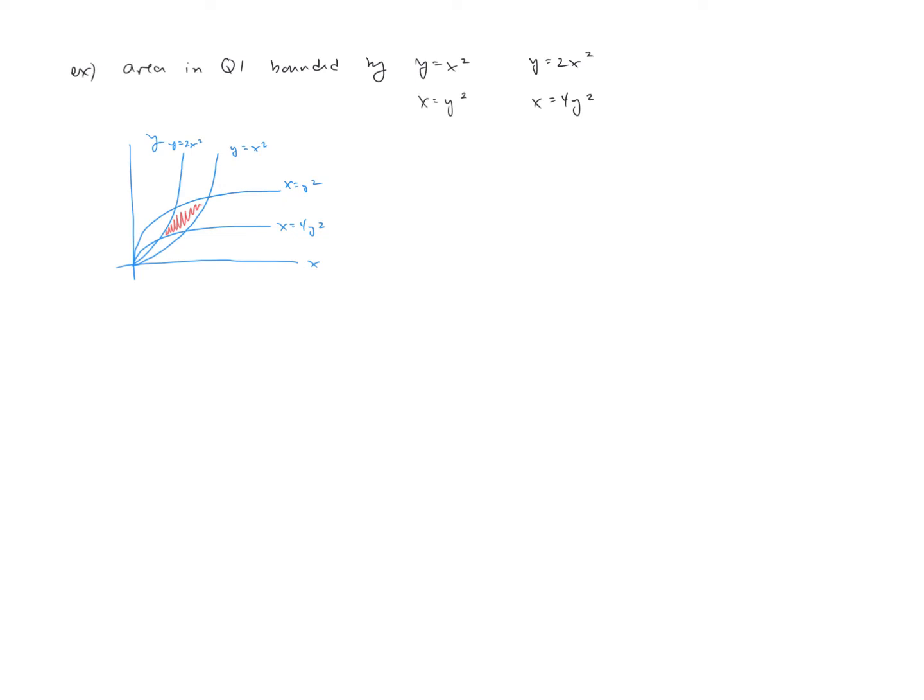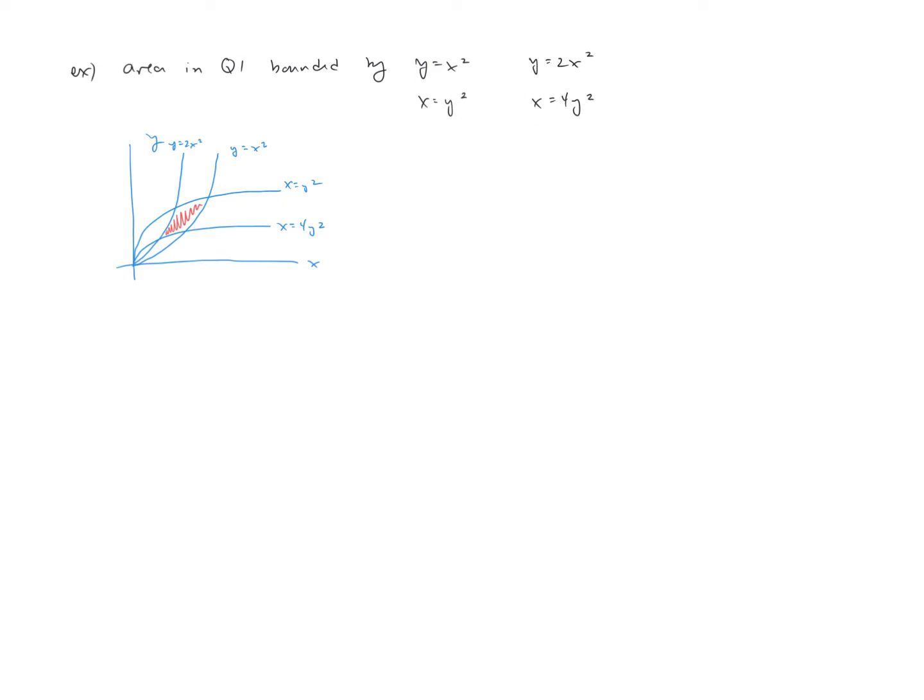And you've done enough of these setups by now to know that would be a pretty complicated setup and a lot of unnecessary work if you are actually having to integrate it out. So we're going to make a substitution. The first thing is to notice the similarities between what you're given.